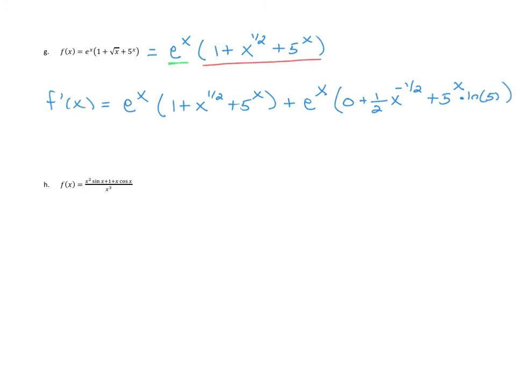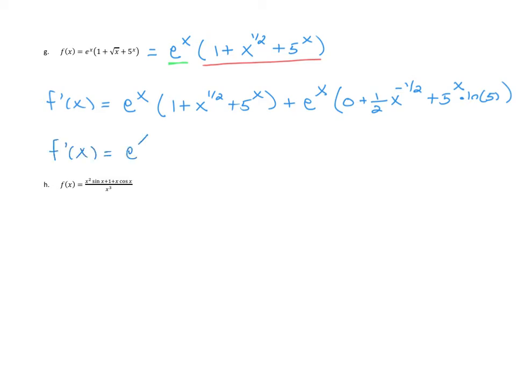However, I think what I'll do is I'm going to factor out an e to the x, leaving me with these three terms and really these two terms over here. And I see you can combine a 5 to the x and a 5 to the x times the natural log of 5. So I think I'll kind of do that in one step. This is not necessary. It's just one way that you could rewrite the answer.